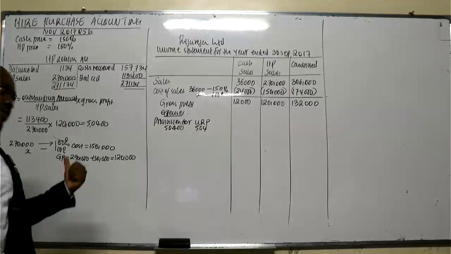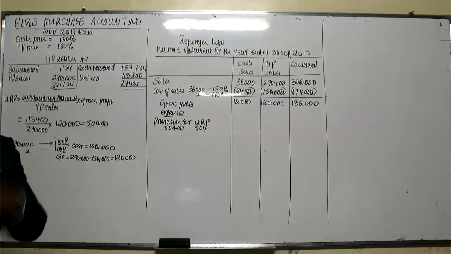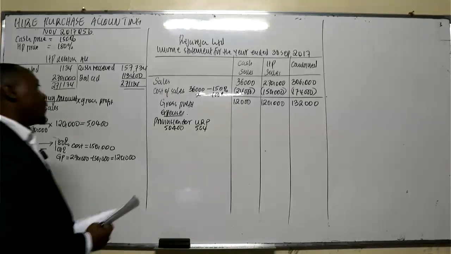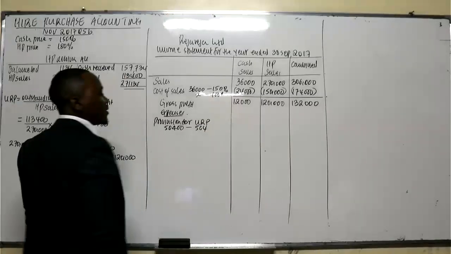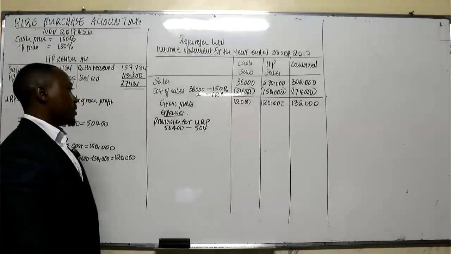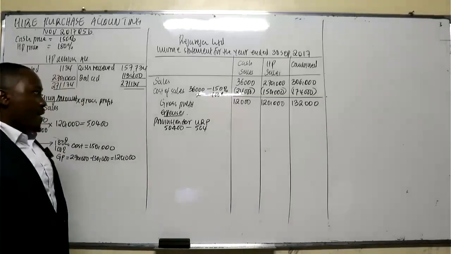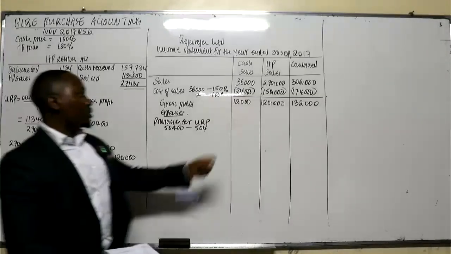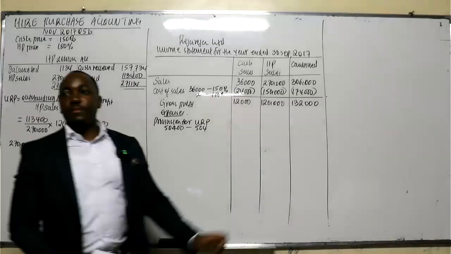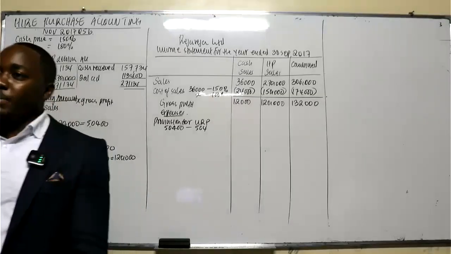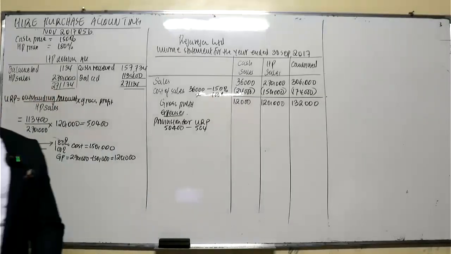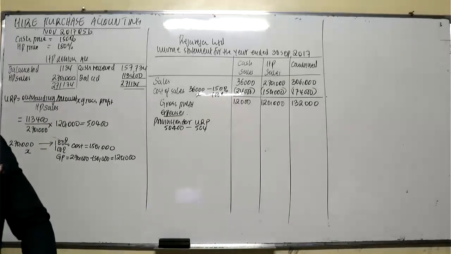In the other question we did, there was no opening balance, so it was zero. So how much was the increase? 49,896. Good. But now that expense, how will you apportion it? In the ratio?